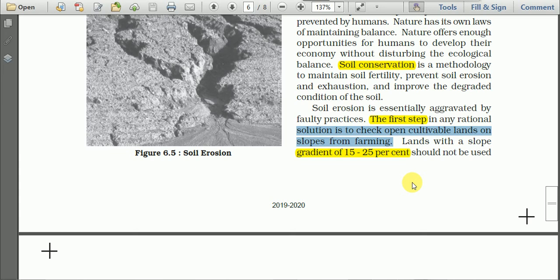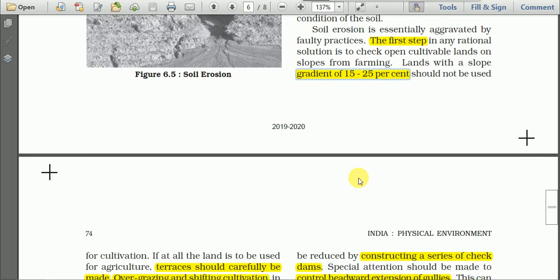The first step to check soil erosion is to stop farming on the steep slope lands. Lands with slope gradients of 15 to 20% should not be used for cultivation. That means on the steep slope lands we should not cultivate.